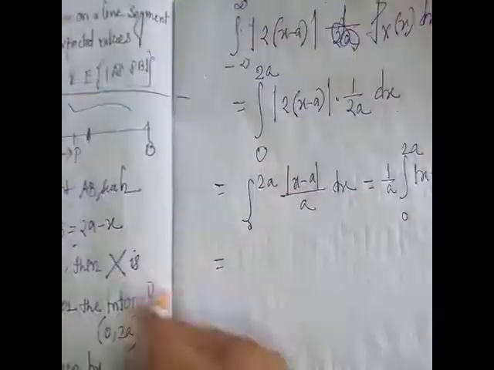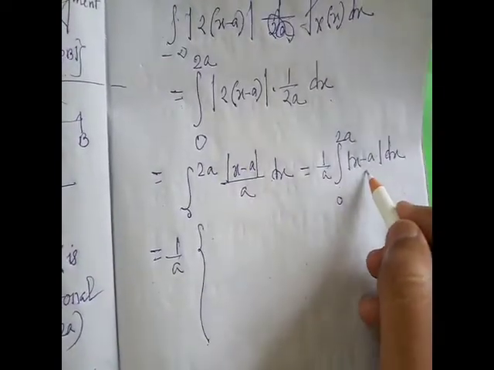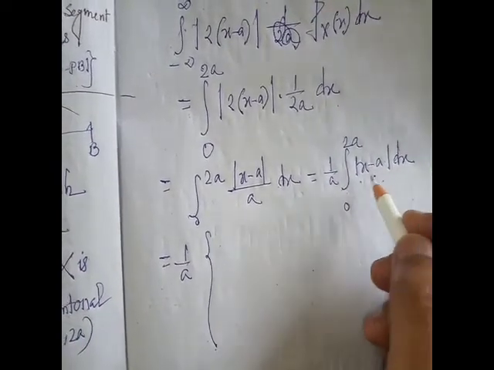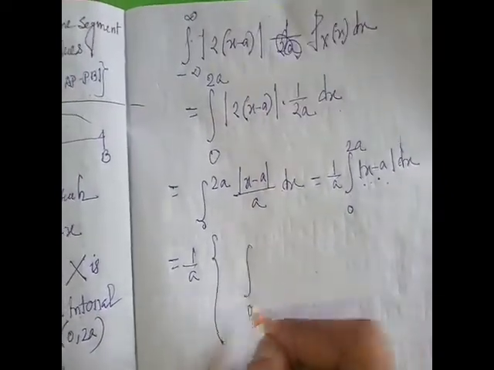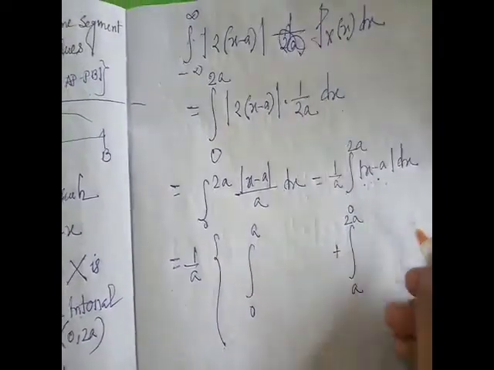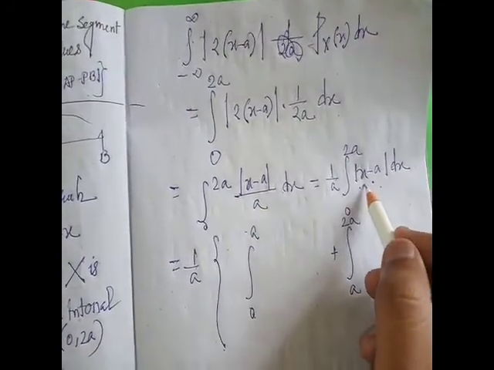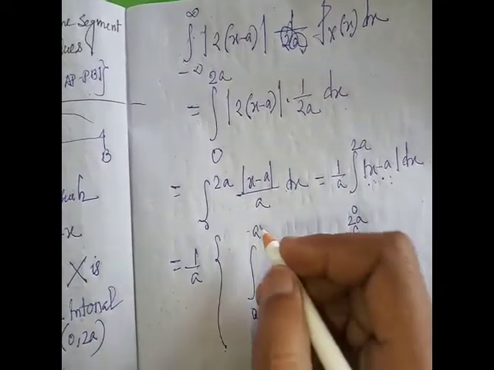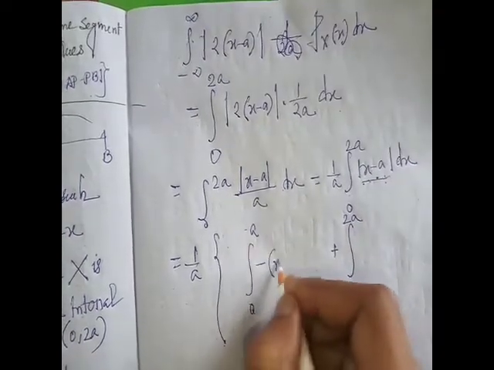To integrate the mod function, x minus a is 0 when x equals a, so the breaking point is a. We split into 0 to a plus a to 2a. In the interval 0 to a, x minus a is less than or equal to 0, so it takes the minus sign: minus of (x minus a).